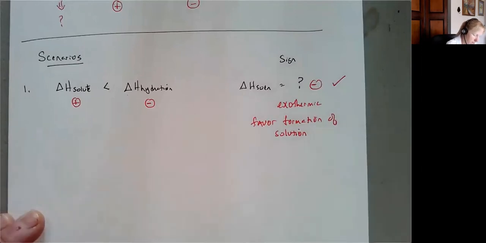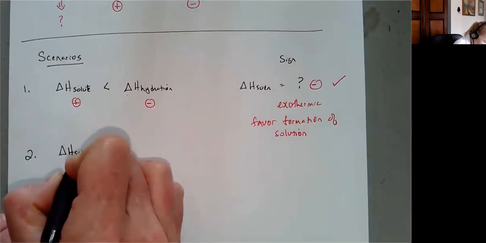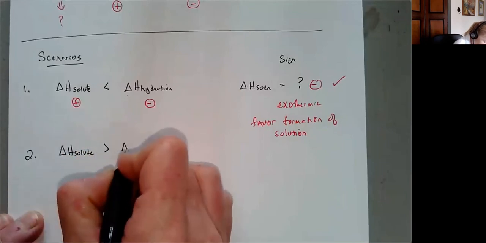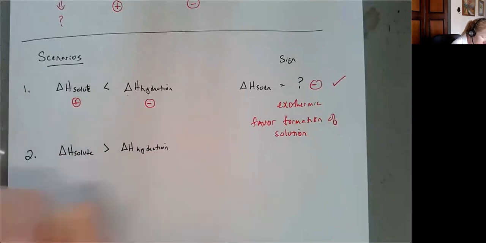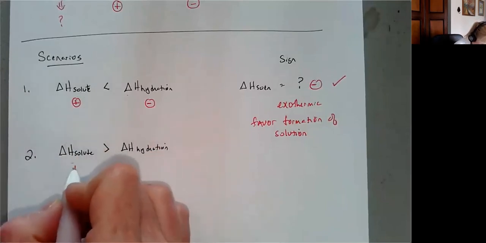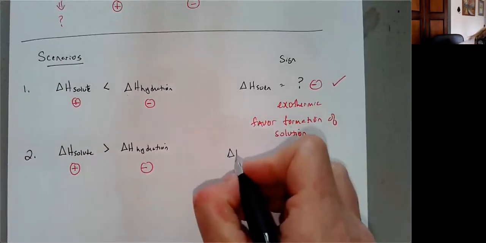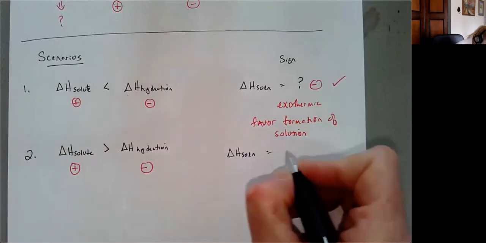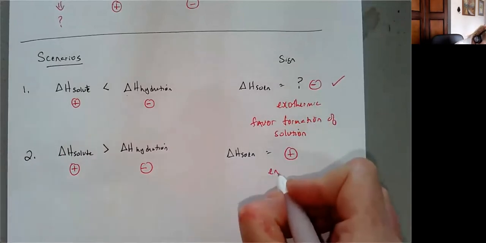Okay, so let's say I have scenario number 2 where my delta H of my solute is greater than my delta H of hydration. So my signs here are always going to be the same. This is positive, this is negative. Now my delta H of my solution is going to have a positive value. So this is endothermic.